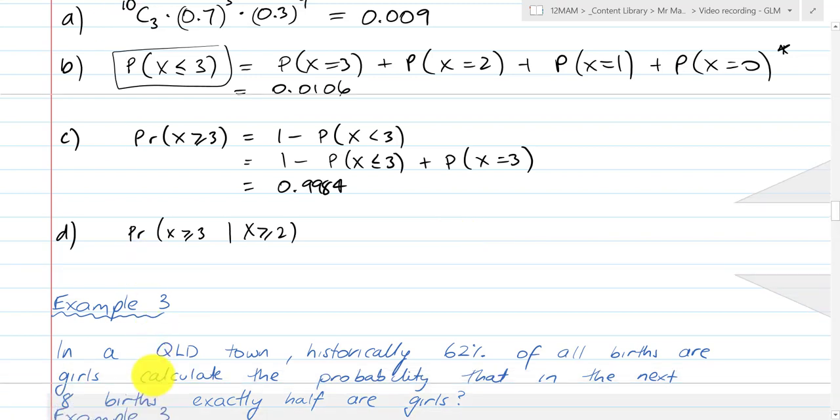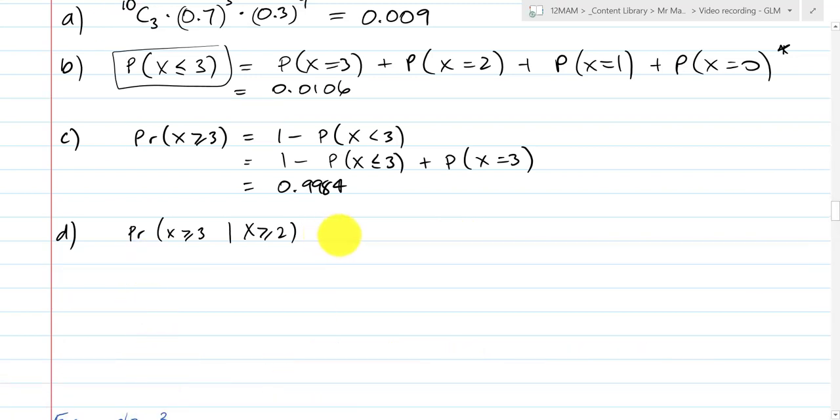So if I just move this question down a little bit, what this means for us is we can call on that conditional probability formula from our formula sheet, which is the probability that x is greater than or equal to 3 and x is greater than or equal to 2 over the probability that x is greater than or equal to 2. But in this case, if x is greater than or equal to 3, well, it's already greater than or equal to 2.